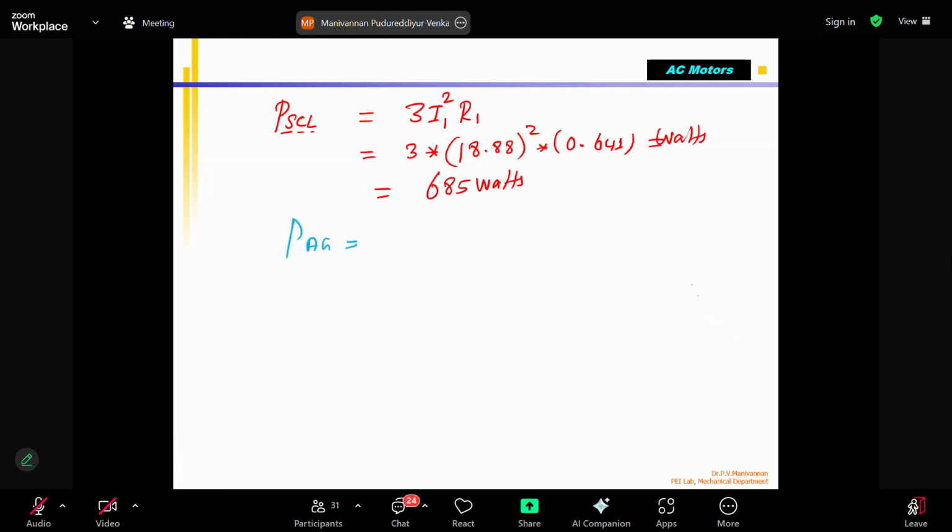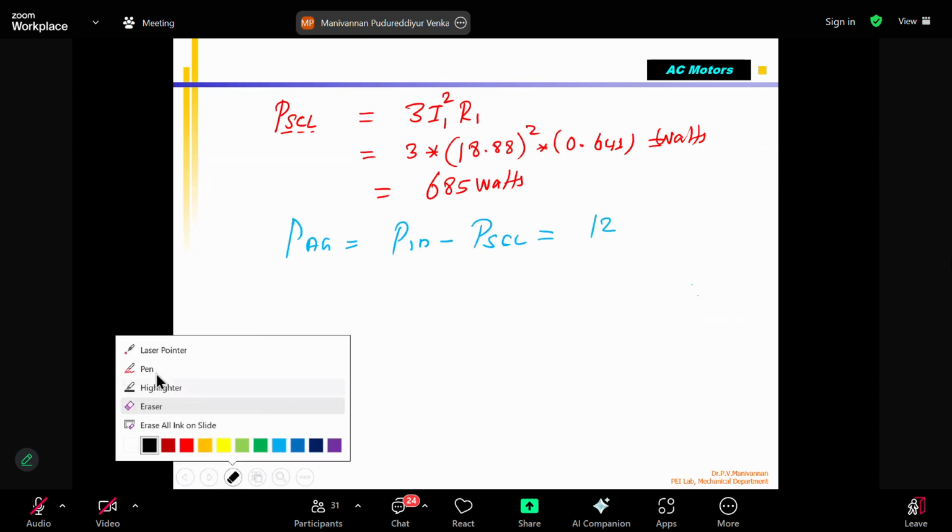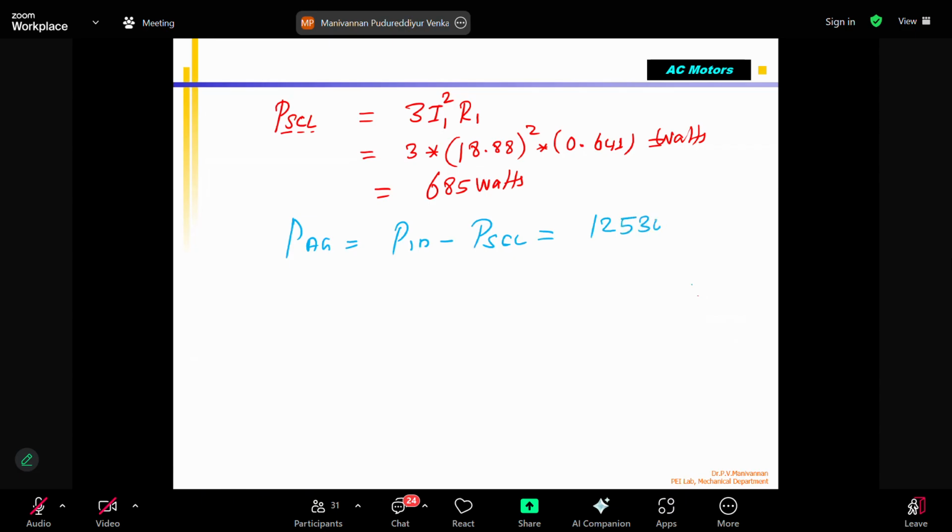PAG equals P in minus PSCL, the stator copper loss. We know that P in is 15,530 watts, minus copper loss 685.